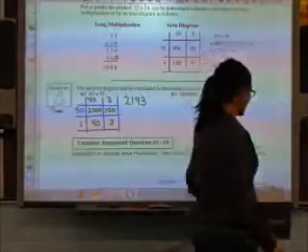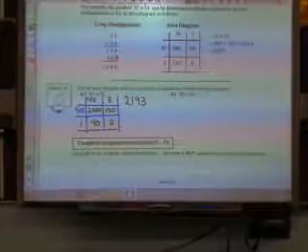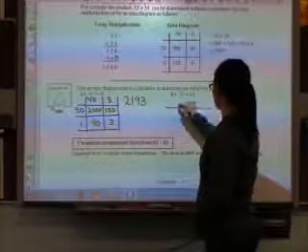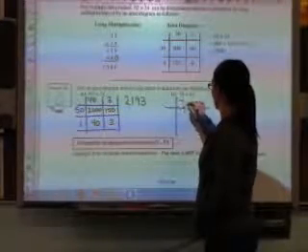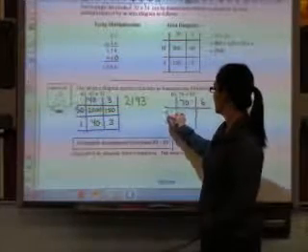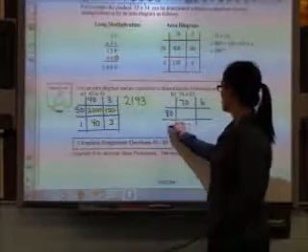So try to do the same thing with B. So in B, I have 70 plus 6 and 80 plus 2.